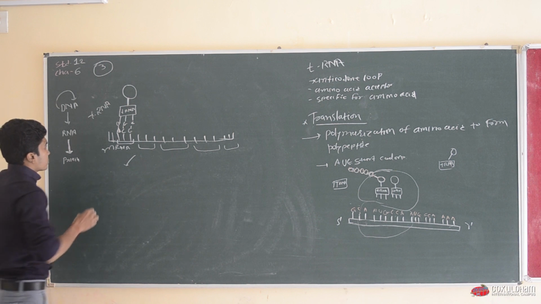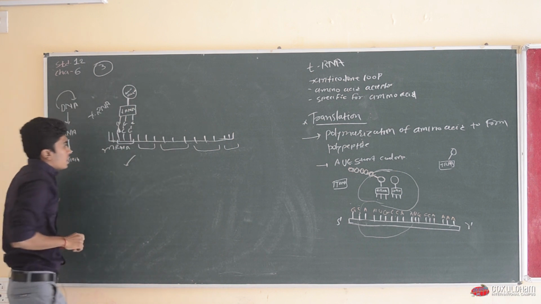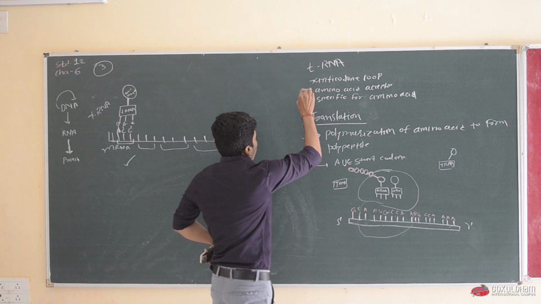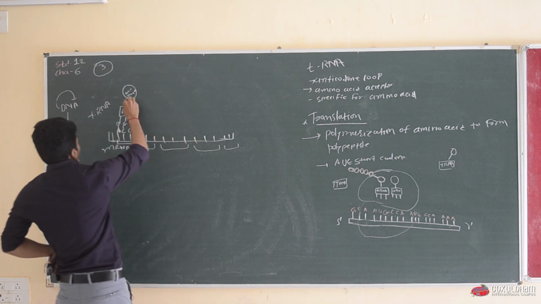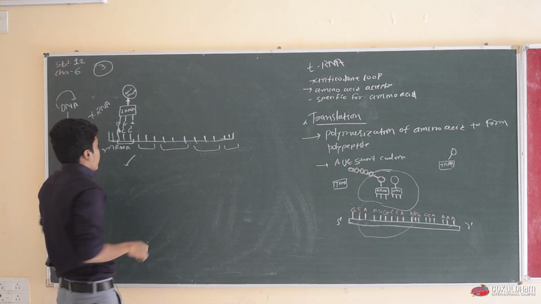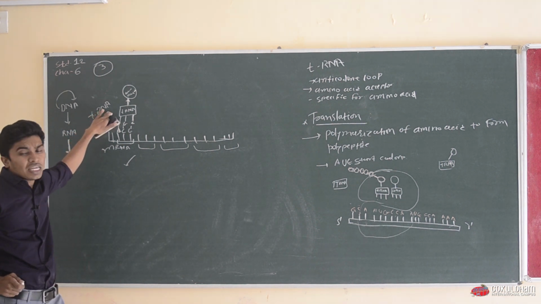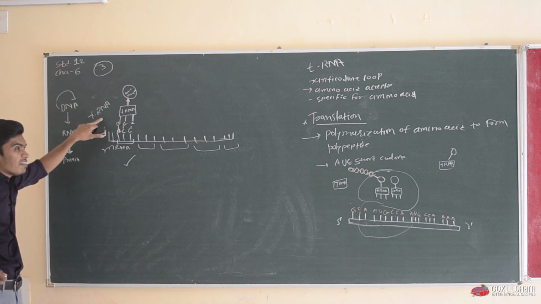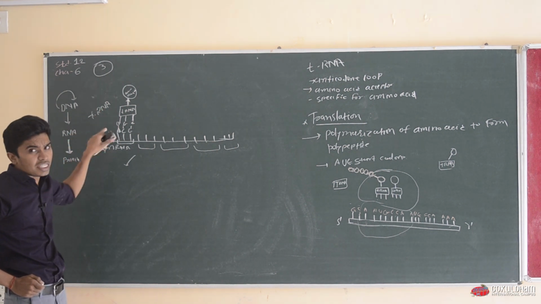Now what will happen? This is the amino acid. This tRNA first has the anti-codon loop, then the amino acid acceptor. This site is known as the amino acid acceptor, and we have already discussed that tRNA is specific for each amino acid, meaning a specific amino acid will bind with the tRNA, and this tRNA will bind with the particular sequence on the mRNA.